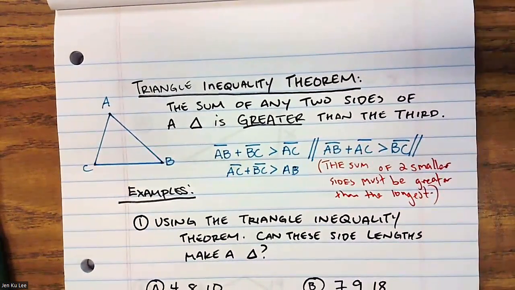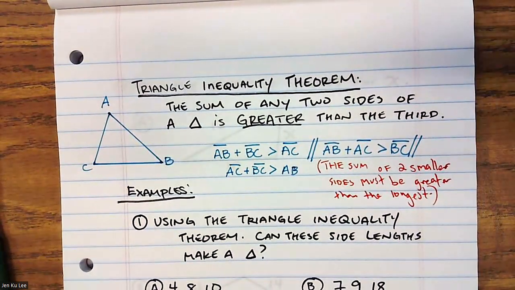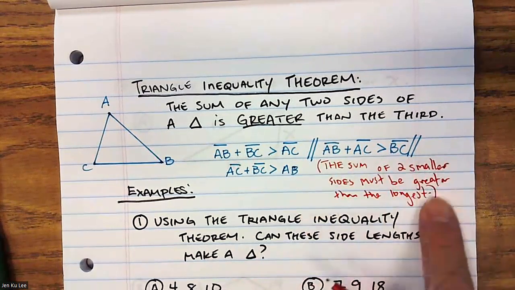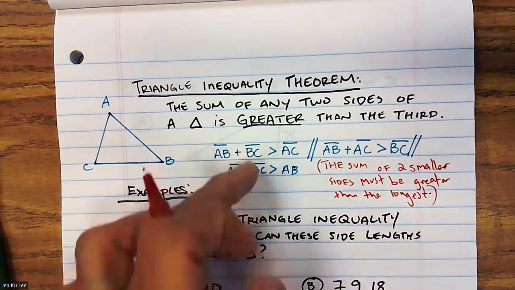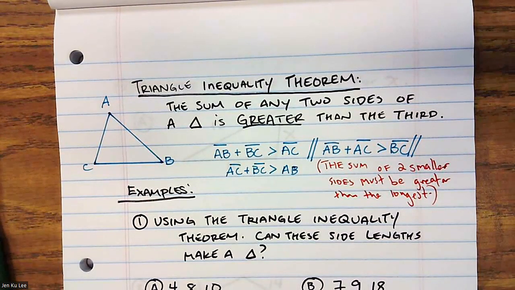Because if we just check this, then every single inequality here will be fulfilled. As long as the two smaller sides are greater than the third, you're good. Okay?